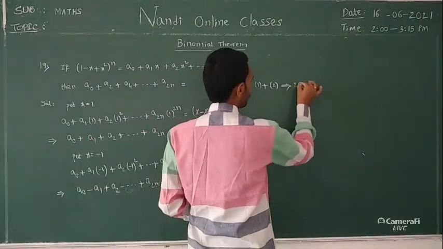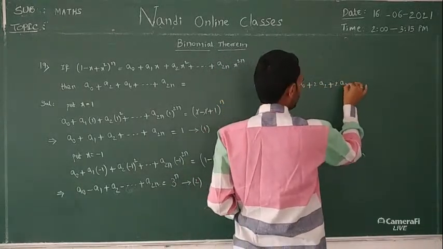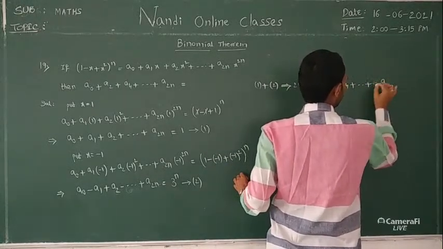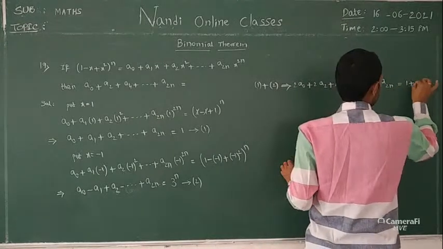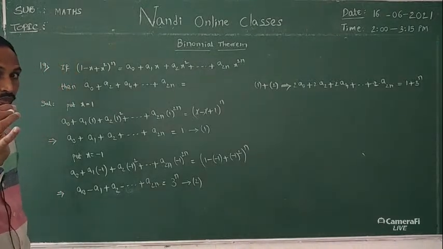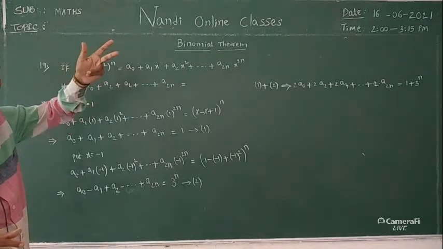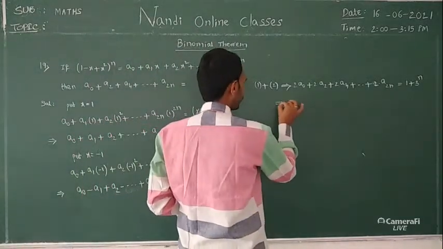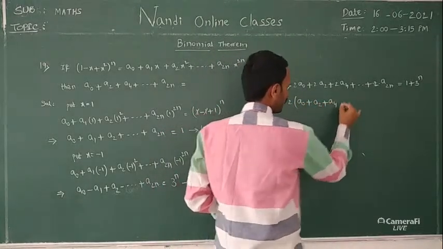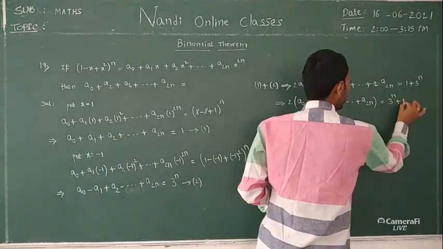So, 2a naught plus 2a2 plus 2a4 plus and so on plus 2a2n is equal to 1 plus 3 power n. Add the equations. If they ask you to find odd terms, a1 plus a3 plus a5 like that, subtract them. Take 2 common. You will get a naught plus a2 plus a4 plus and so on plus a2n is equal to 3 power n plus 1.